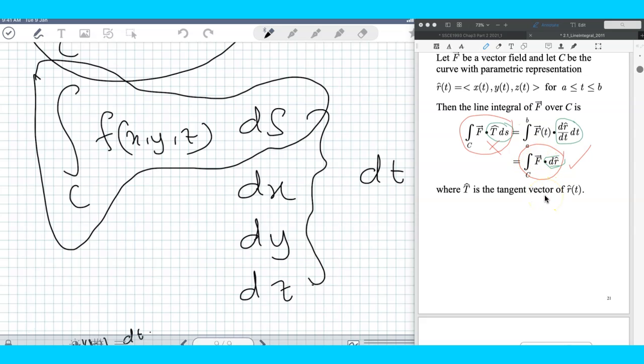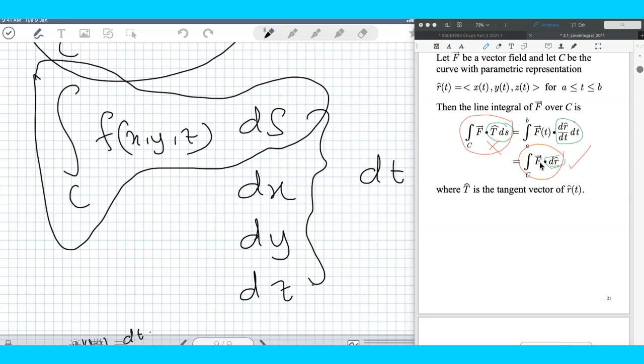Okay, so the physical interpretation of F dot dr is that F is the vector field, and we call that a force field. So then you can evaluate the work that you have done along the curve. So that is the interpretation in terms of physical meaning of F dot dr, only if your F is considered as a force field.